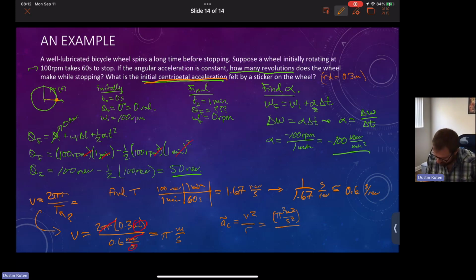Okay, and that's just divided by our radius of the tire, 0.3 meters. And when all said and done, notice the meters in the denominator will cancel with 1 up top. So it turns out our centripetal acceleration is pi squared over 0.3 meters per second squared. You can put that in your calculator if you want to, but it's totally fine to just leave a pi floating around. Sometimes it's easier to read numbers that way anyways.